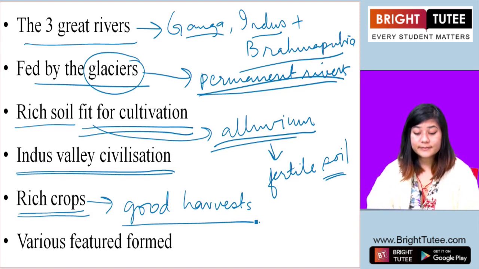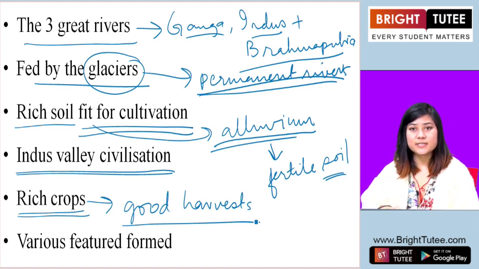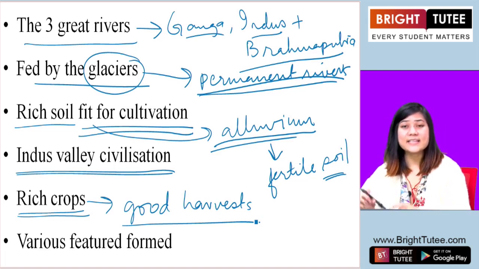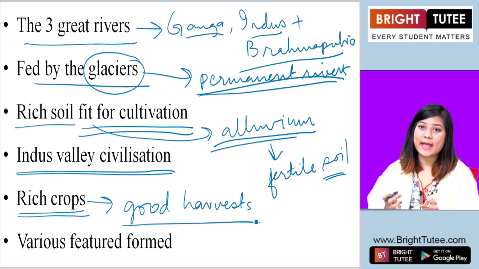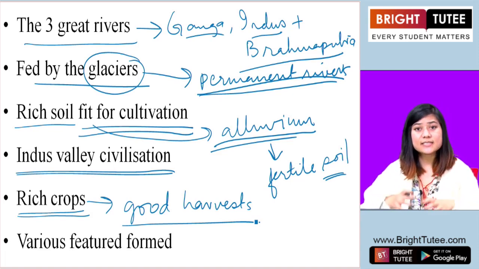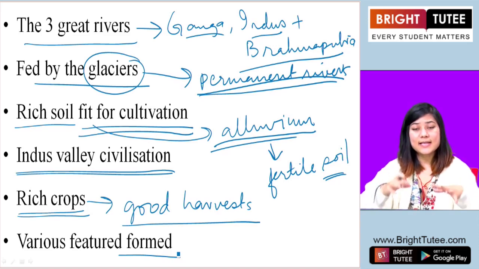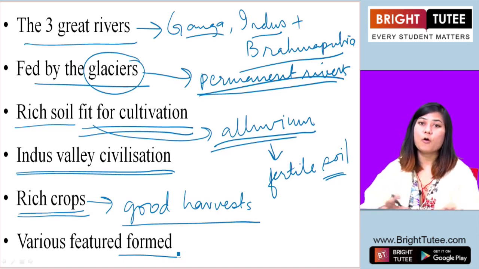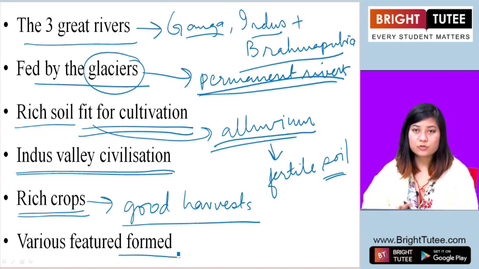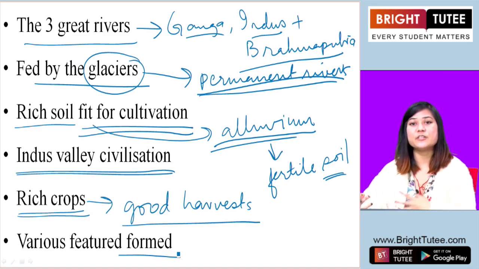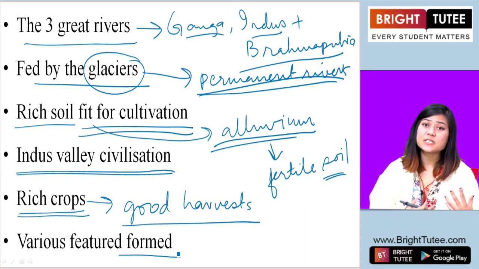Okay, now as these alluvium are deposited at the base, and as the plains are formed by the help of the rivers, these deposits take different forms. As the deposits are happening, they do not all the time form the plain area good for cultivation. They take different shapes, different forms.